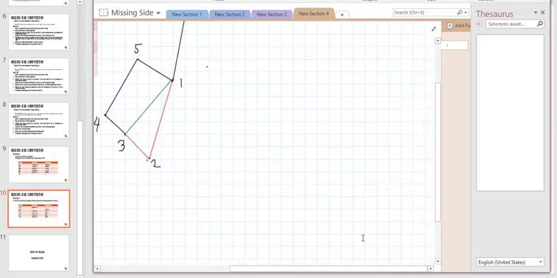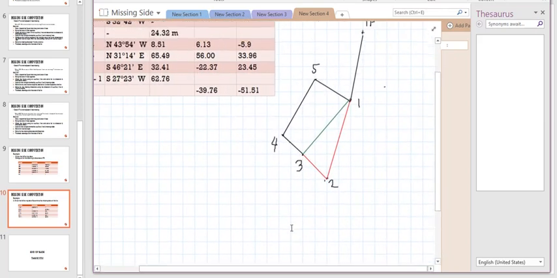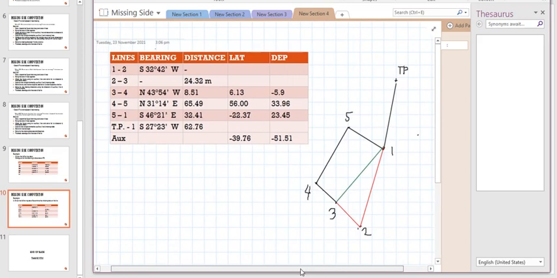So this is the auxiliary. So now what is the bearing of the auxiliary line?